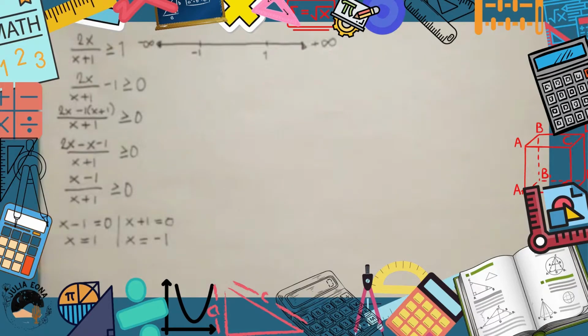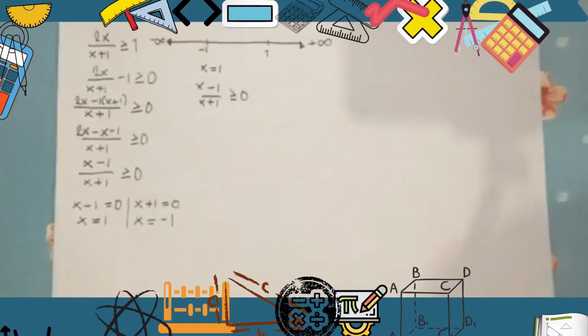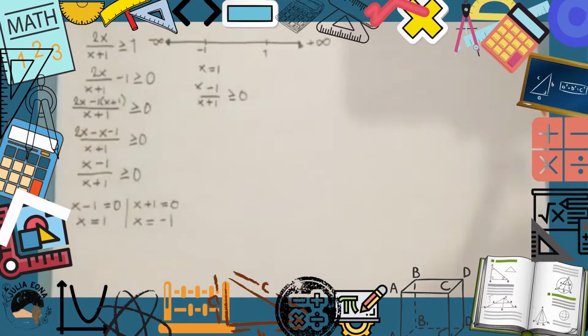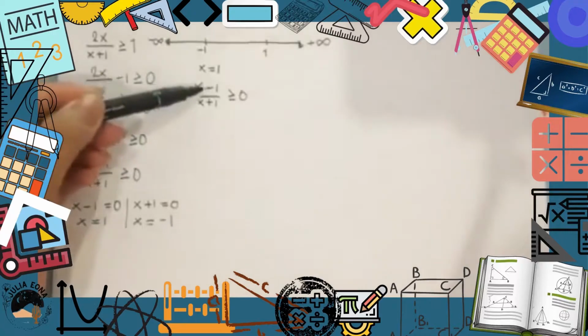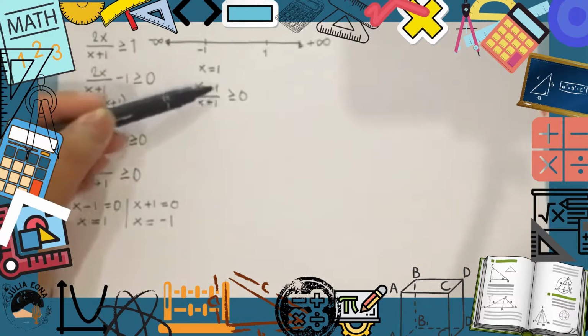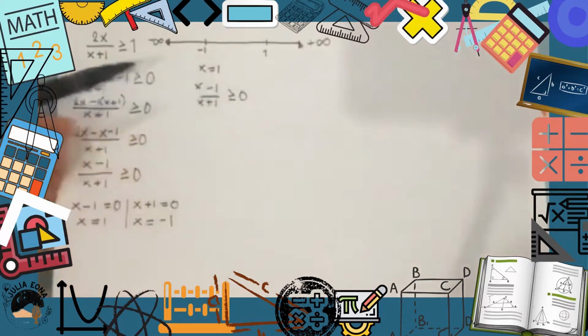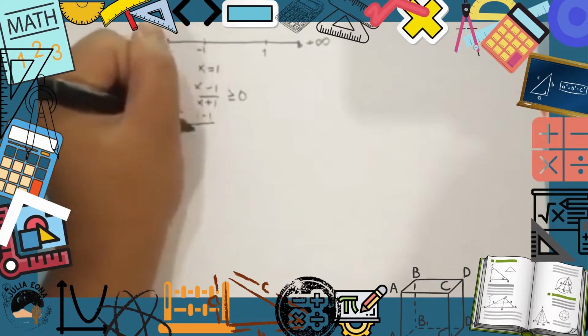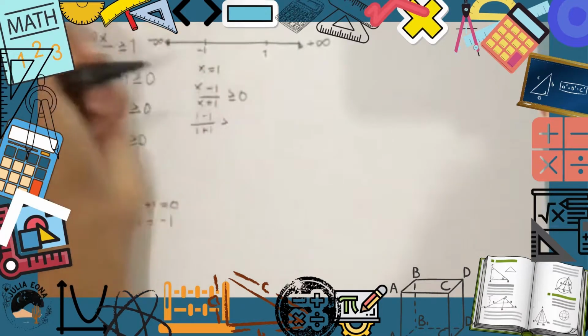Since the inequality symbol of our equation is greater than or equal to, it means that the value of this expression must be positive, because all positive numbers are greater than 0. So let's say x equals positive 1. So we are going to have x minus 1 over x plus 1 greater than or equal to 0. Let's substitute all x in the equation with 1. So 1 minus 1 over 1 plus 1 greater than or equal to 0.